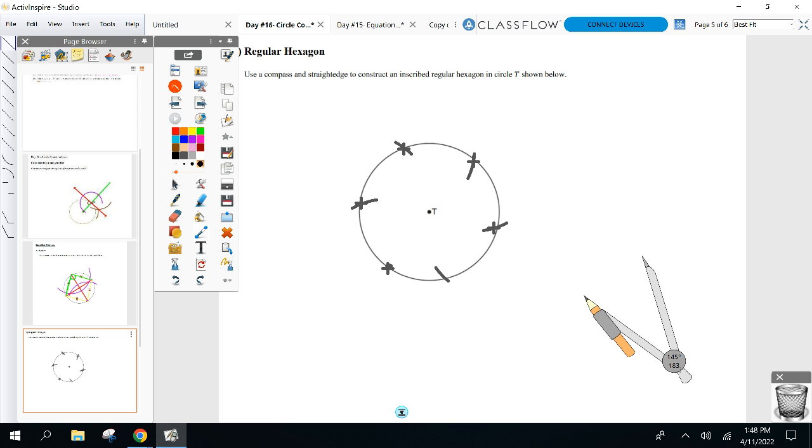When you're ready, if you don't believe the method behind my madness, take your compass at the end and literally measure each side with your compass and see if they're all the same length. You don't have to open or close your compass at all. They're all the same length.